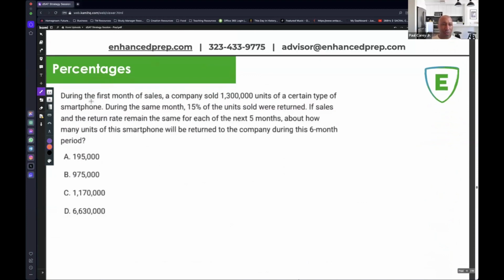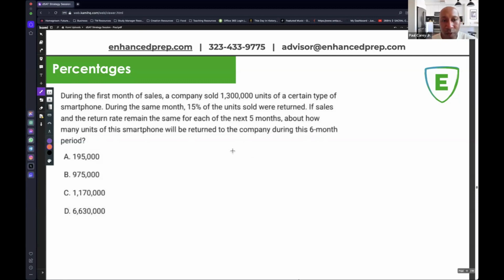So let's check out this question. During the first month of sales, a company sold 1.3 million units of a certain type of smartphone. During the same month, 15% of the units sold were returned. If sales and the return rate remain the same for each of the next 5 months, about how many units of the smartphone will be returned to the company during that 6 months time?